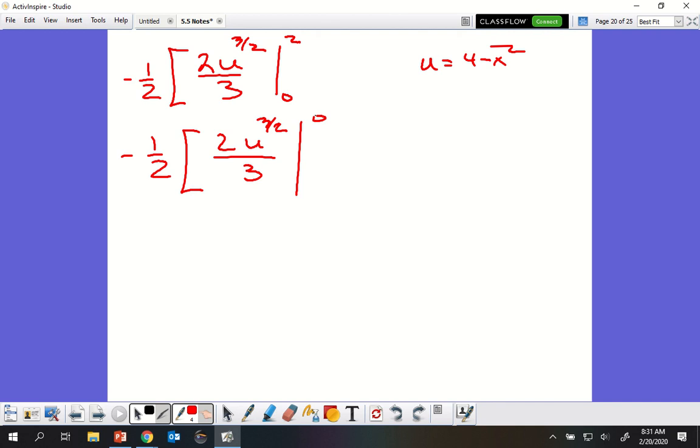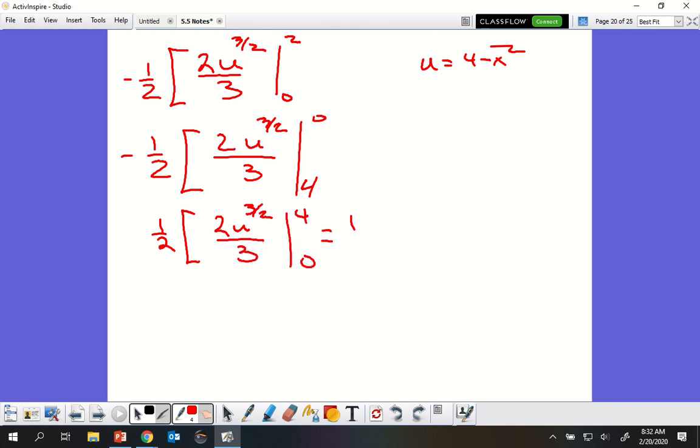What do we get? We get 4, so u is equal to 4. What's wrong with those bounds now? They're backwards, so what could I do to fix them? Make it positive, right? So now it's a positive 1/2 bracket 2u to the 3/2 over 3 from 4 to 0.